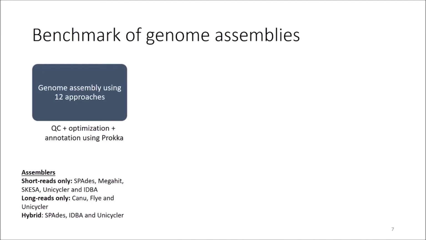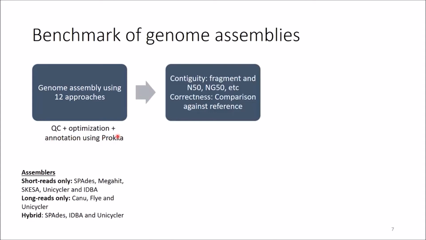To benchmark different assemblies for each strain, we implemented 12 different approaches of genome assembly. Some of them were specific for short-read models or long-read models, and some of them for hybrid models. Of course, we implemented different steps for quality control, parameter optimization, and genome annotation using Prokka. Then we evaluated the assemblers using metrics of contiguity, including the number of fragments, N50, NG50, and others.